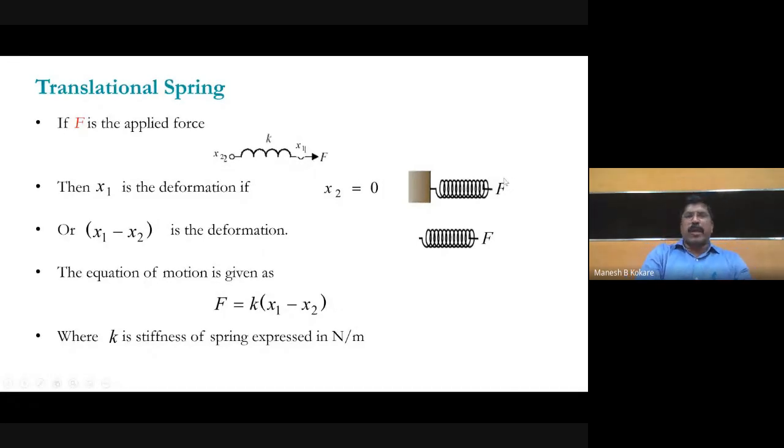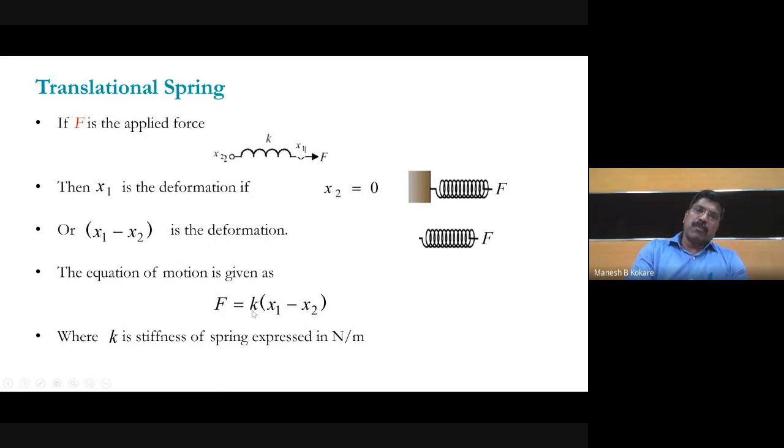How much will be the reactive force offered by this spring? That is given by: force is directly proportional to the displacement, and the proportionality constant here is k. K is nothing but the stiffness constant of the spring. So we can write the equation of the spring as F is equal to k into x1 minus x2.